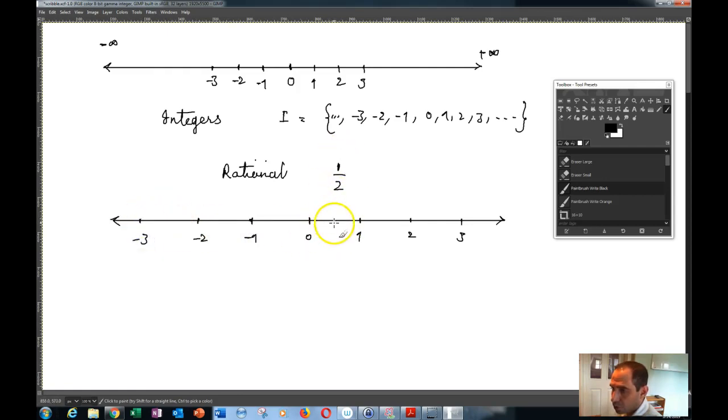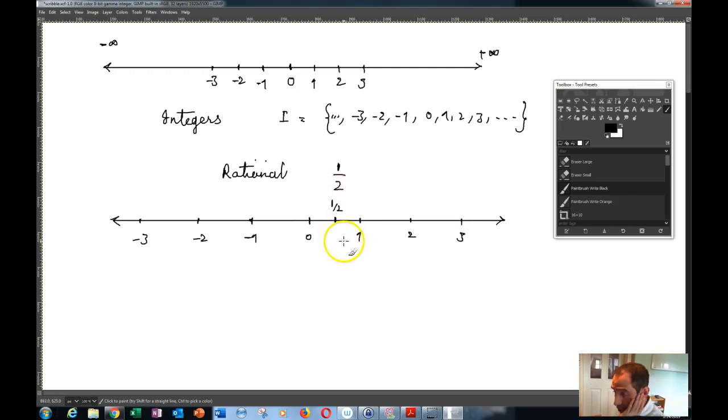And then 1 by 2 would be located halfway between 0 and 1, meaning that you have to divide the distance between 0 and 1 into 2 equal distances, and then that point is going to be 1 by 2. Okay, and that's basically how you do it.